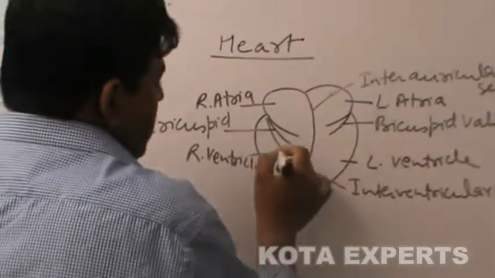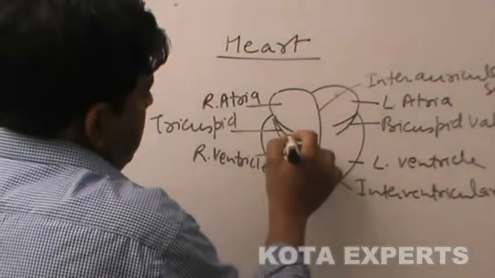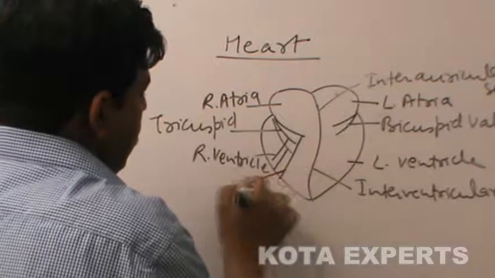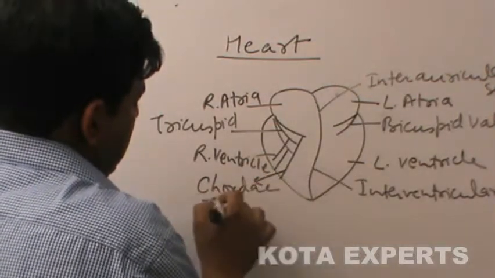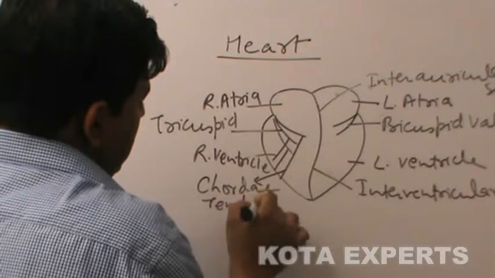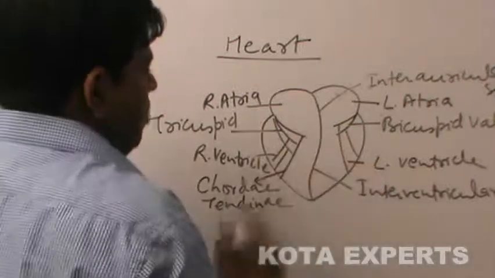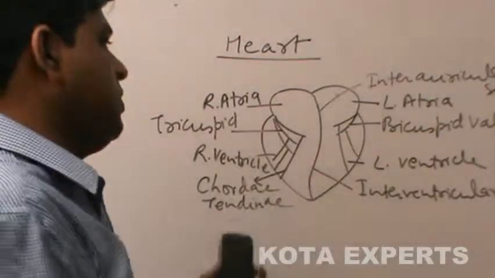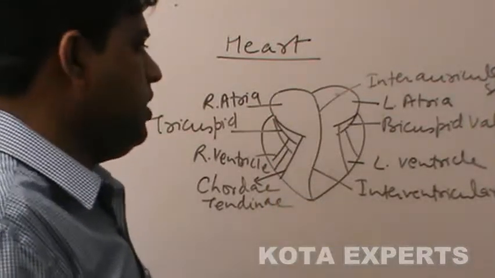And these valves are attached to the myocardium with the help of strings known as chordae tendineae. These also prevent the valves from reversing back when contraction of the ventricle takes place.